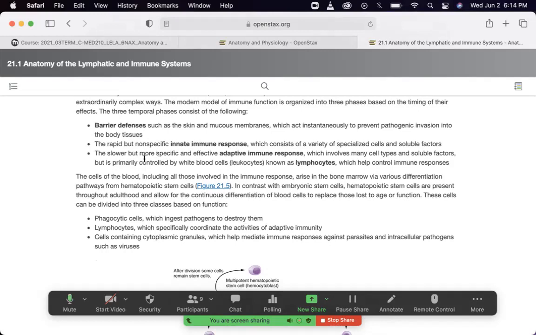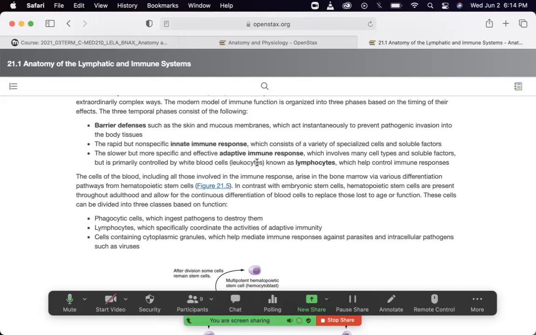Now, what's slower but way more specific is the adaptive immune response, and that's what we're going to be talking about today, which the cell types and the soluble factors. And they call them soluble factors because they're usually found in the plasma of your blood. And when you get to learn about laboratory tests, a lot of our immunogens and immunoglobulins, the immune proteins, also known as soluble factors, they are found in the plasma of your blood.